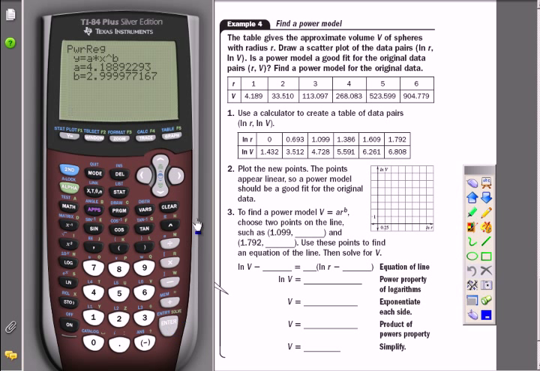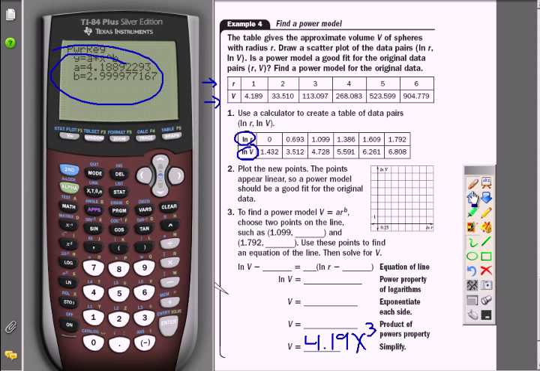And this is exactly what you would have found if you'd done it by hand. So we're going to come over here and type that in right here, 4.19 x to the third power, because that looks like a 3 to me. It doesn't look like a 3 to you. All right, that's going to save you a lot of time, that little trick there.